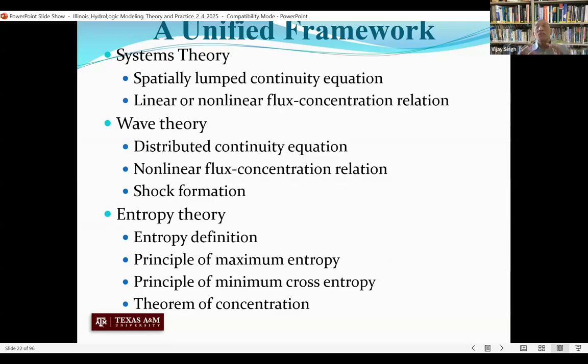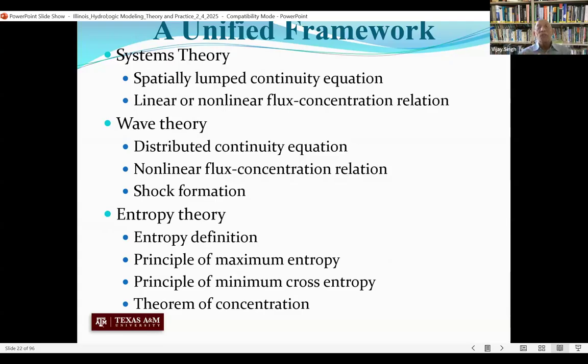Now, the system theory essentially is based on two fundamental principles, especially the lumped form of the continuity equation and a linear or nonlinear flux-concentration relation. And wave theory is based on essentially three principles: the distributed continuity equation, a nonlinear flux-concentration relation, and the law of shock formation.